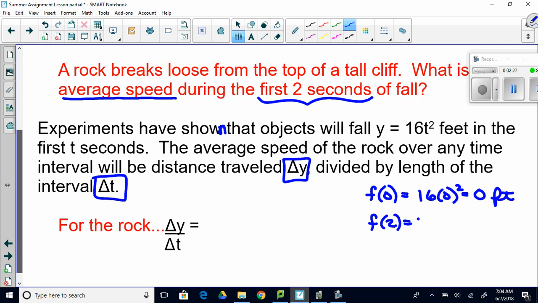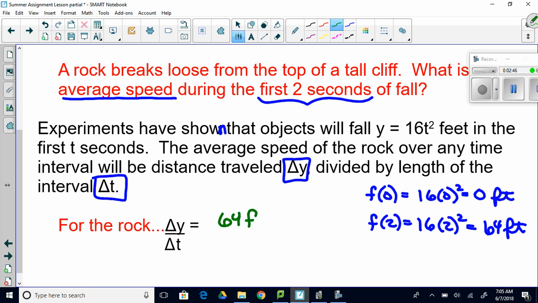And at 2, 16 times 2 squared, 4 times 16 is 64 feet. So it has fallen 64 feet after 2 seconds. So on average, we know that it has fallen 64 feet in 2 seconds. So on average, it is falling 32 feet per second.